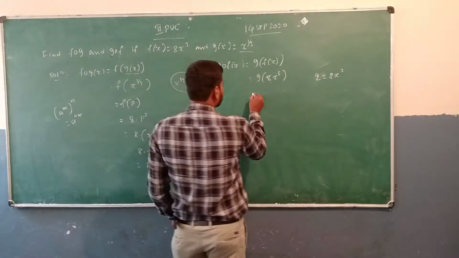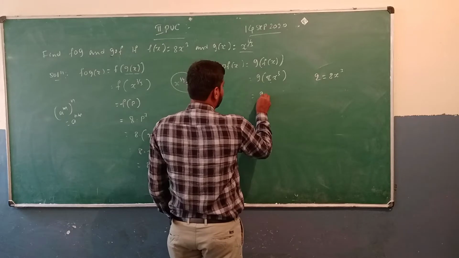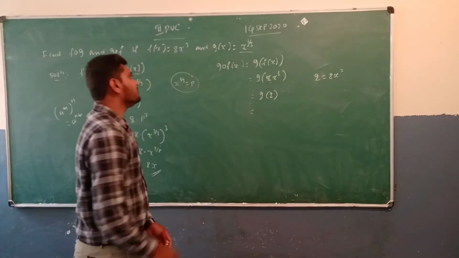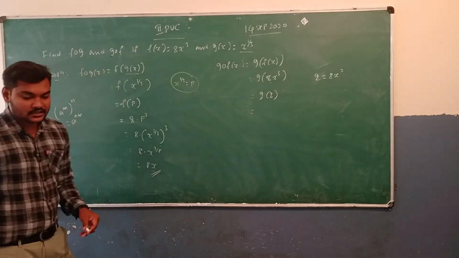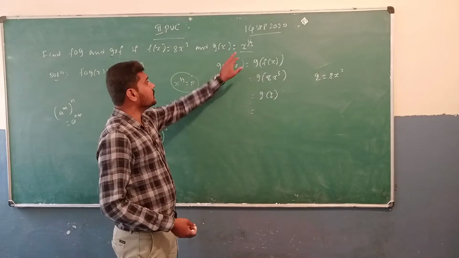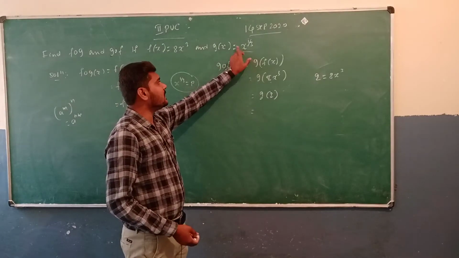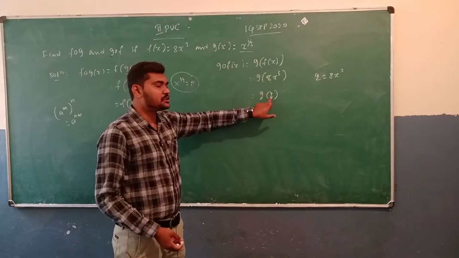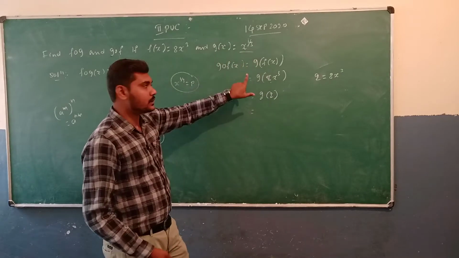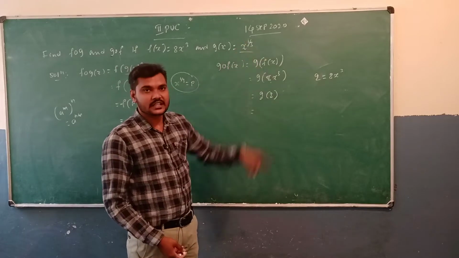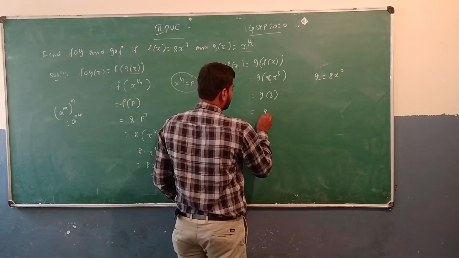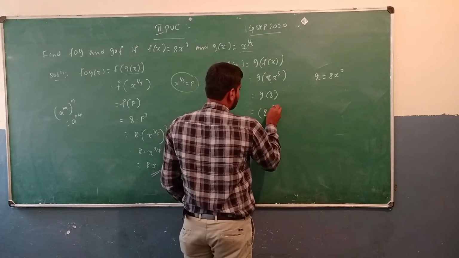So g of q is going to be, since they have given g of x is equal to x to the power 1 by 3, in the place of x I am going to substitute the value of q. So g of q is equal to q to the power 1 by 3.